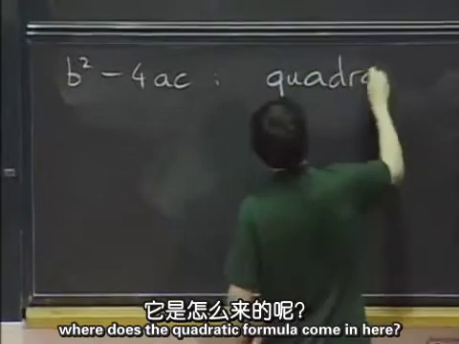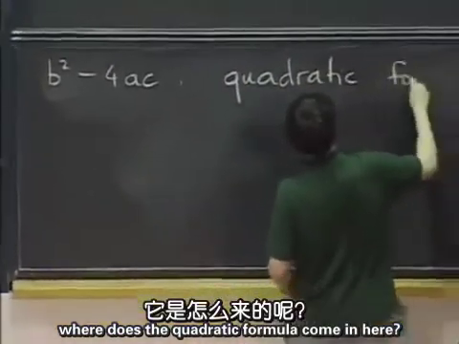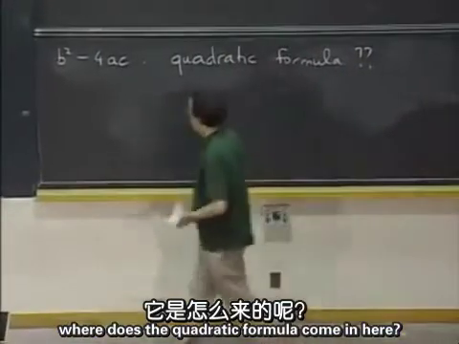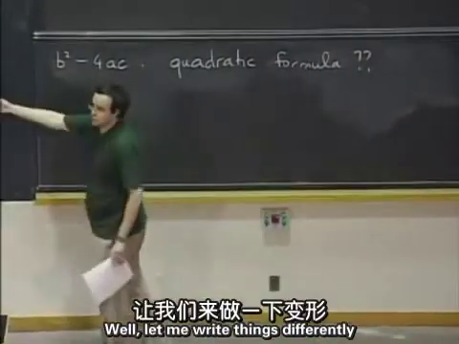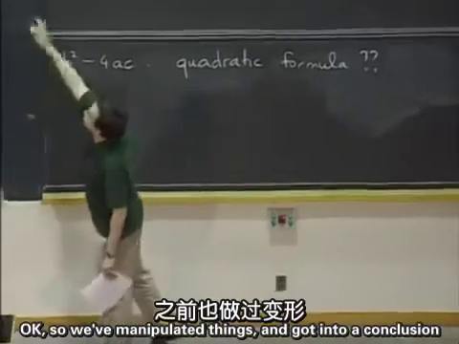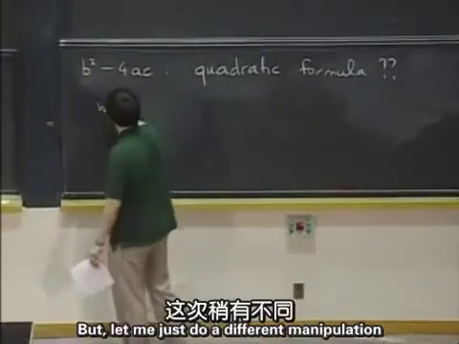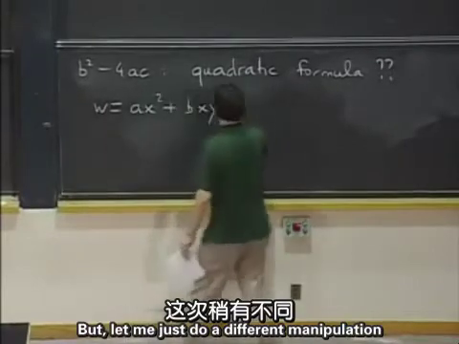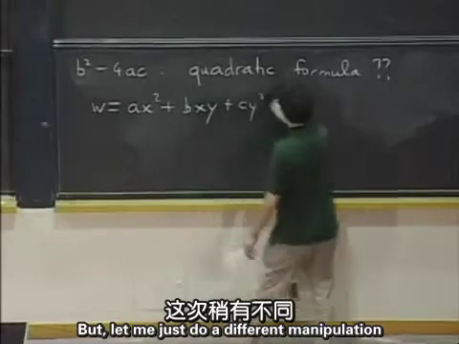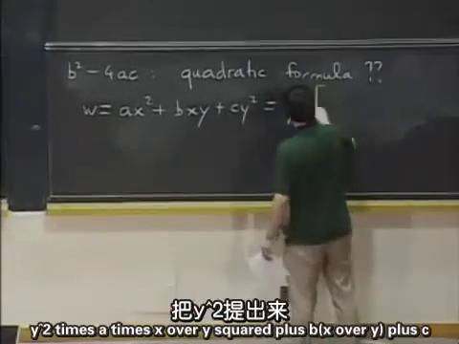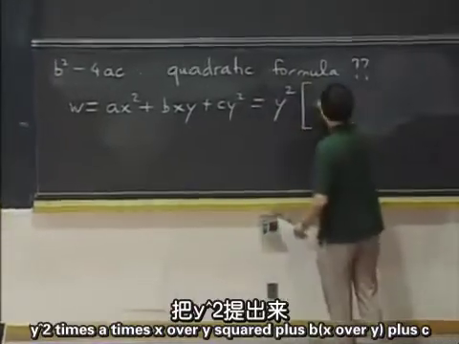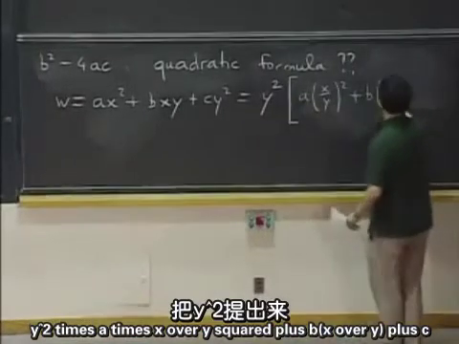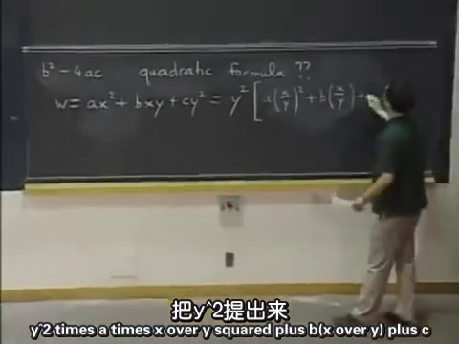Let's see, where does the quadratic formula come in here? Well, let me write things differently. Okay, so we've manipulated things and gotten to a conclusion. But let me just do a different manipulation, and write this now instead as y squared times a times x over y squared plus b x over y plus c.